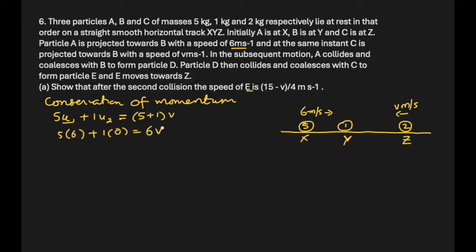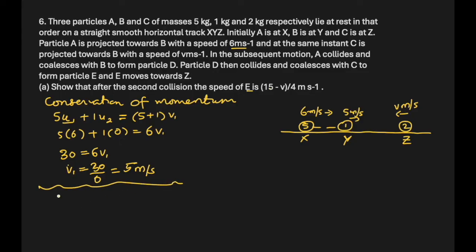It equals 6v. So 30 equals 6v, and I should use v1, not v, because v is something else later on. So v1 is 30 divided by 6, which is 5 meters per second. When A reaches B and they collide, they move at 5 meters per second towards C, which is also coming this way. Second collision.